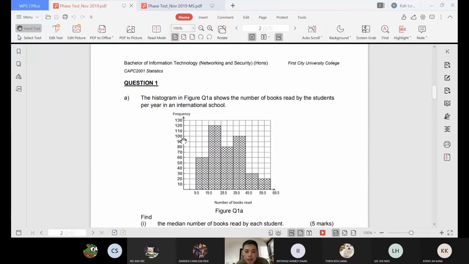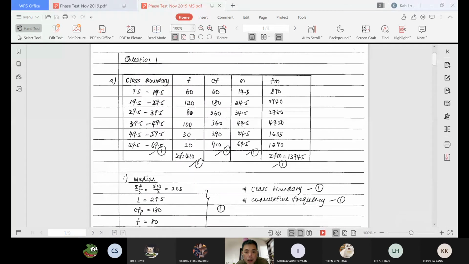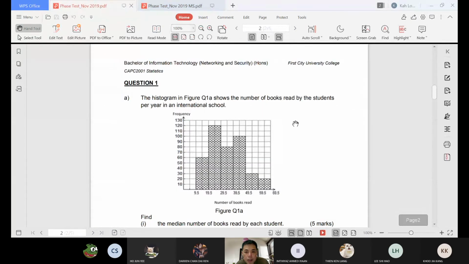But actually you see, the total frequency here is 410. Is it very big for the student size? Quite big also, right?